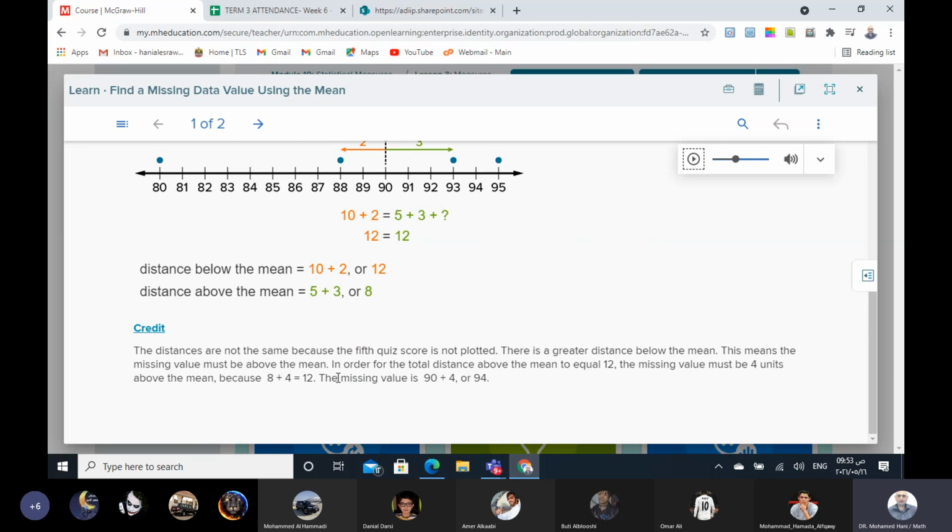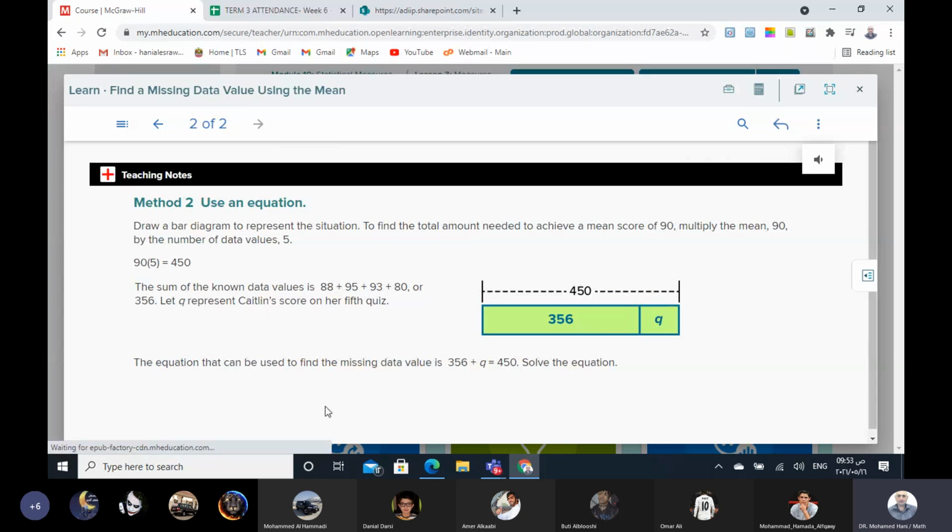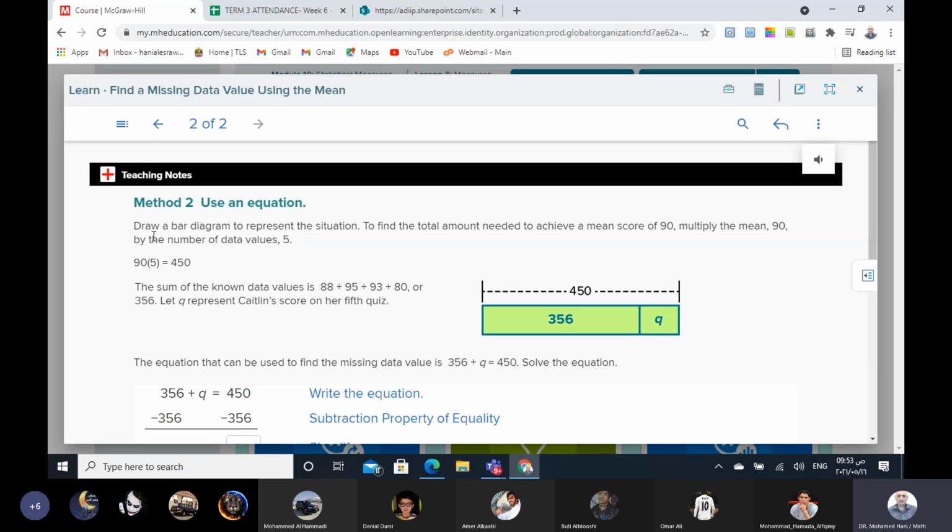And this is the first method. The second method, use an equation. So draw a bar diagram to represent the situation to find the total amount needed to achieve a mean score of 90. Multiply the mean 90 by the number of data values 5.